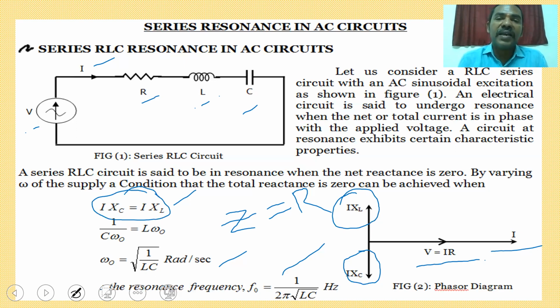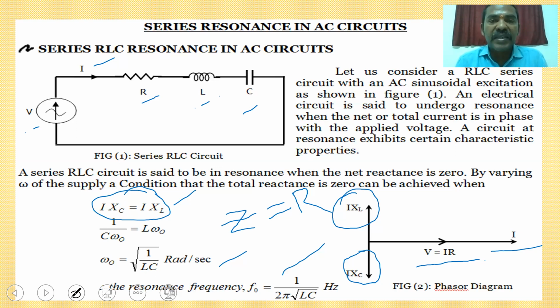So you can say that under the resonance condition, the power factor is unity. The net reactance value must be equal to 0. The impedance value must be equal to pure resistance.